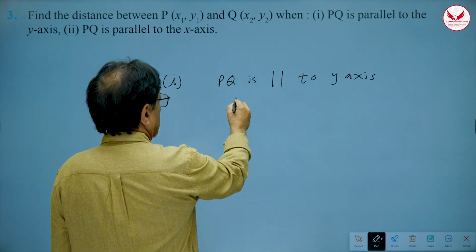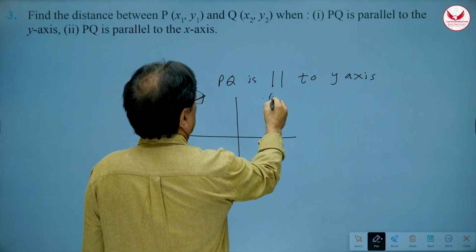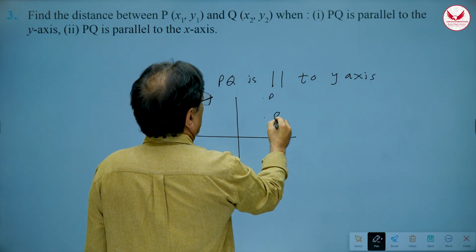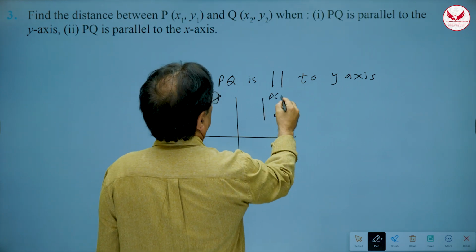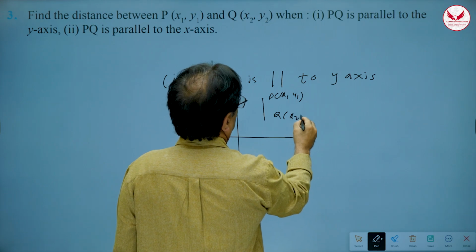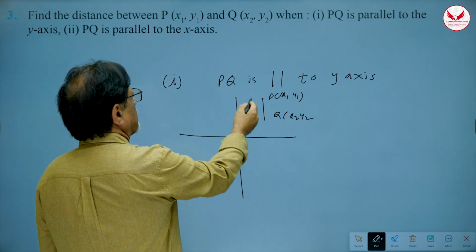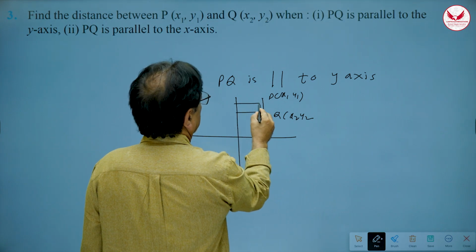First case is this. That means if I draw, it is like this. Here is P and here is Q, because PQ is parallel to the y-axis. So this P will have coordinates (x1, y1) and Q will have coordinates (x2, y2). Because PQ is parallel to the y-axis, this distance will not change at all, right?